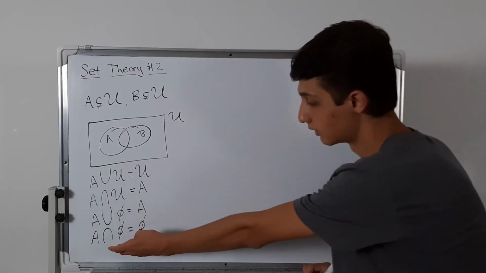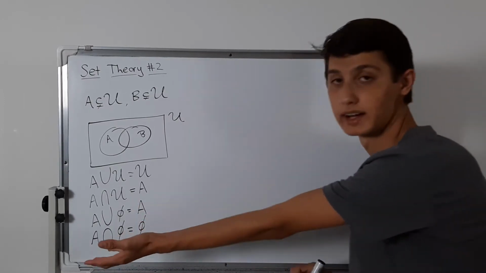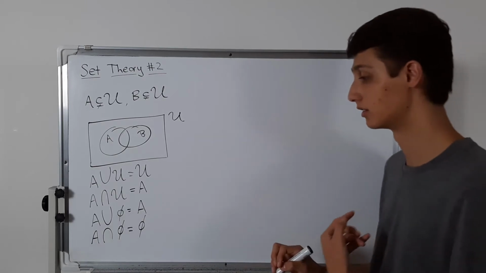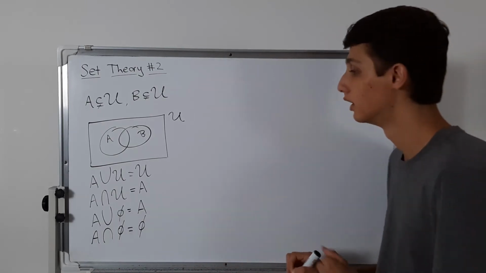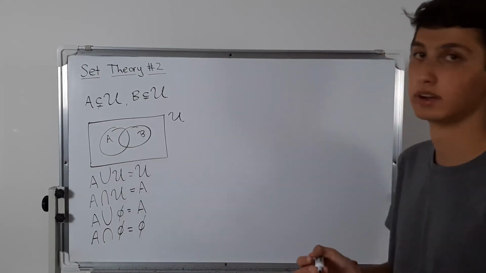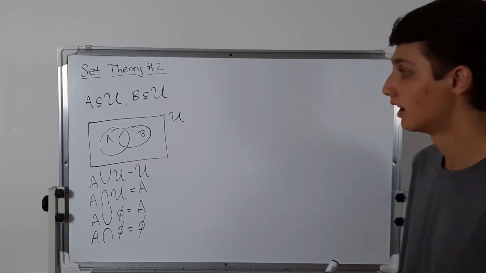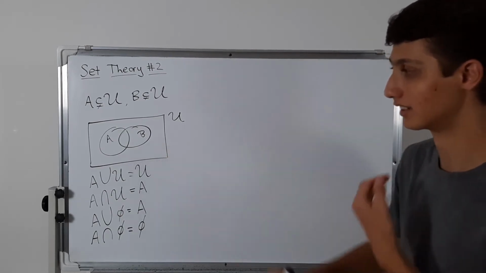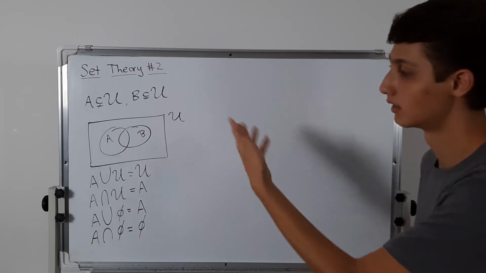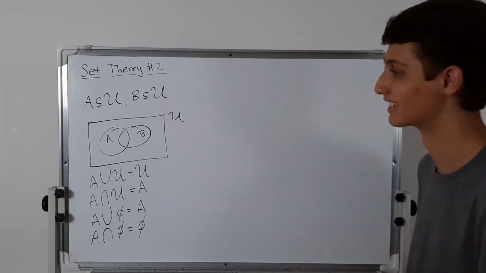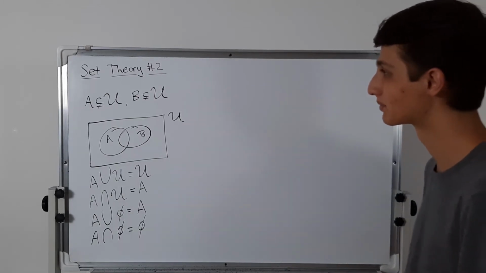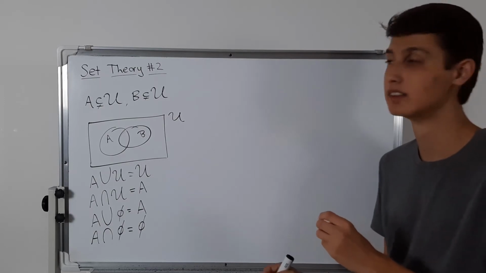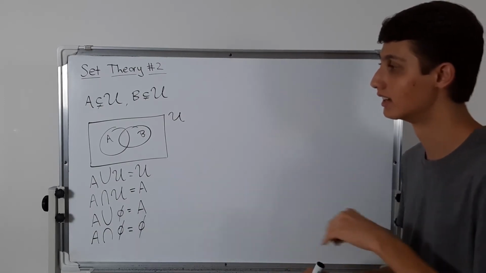And since there are no elements in the empty set, we can't get anything back for our intersection, so it's empty. So these are just some very important things that you have to consider. I guess I didn't really need to draw a second set in there, but just to have a better picture.